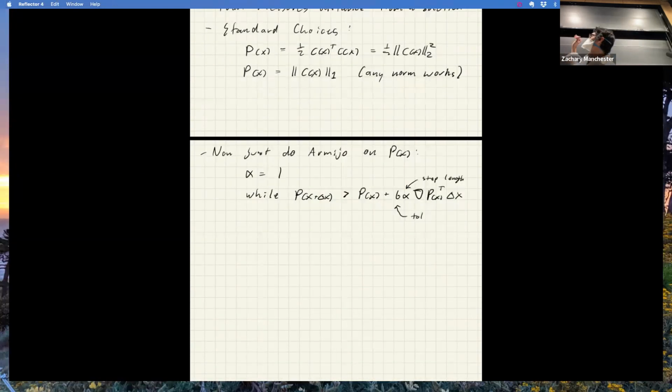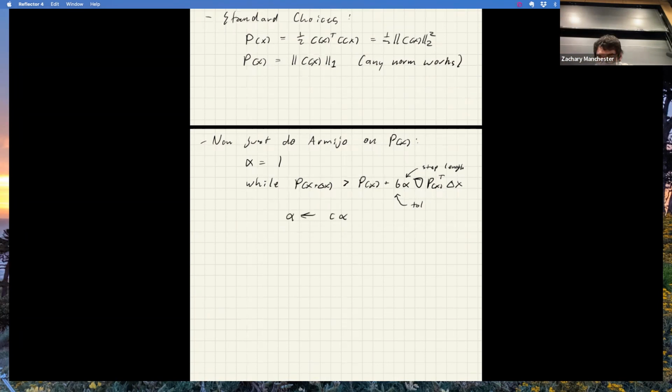Okay, cool. So, like last time, Armijo, this whole term over here, this guy is just the first order Taylor expansion of the merit function, and it's saying we expect this must decrease according to the first order Taylor expansion, and then I want it to actually do that, up to some tolerance. So if it's not within some tolerance of the first order Taylor expansion, then I'm going to backtrack. So I'm going to do alpha gets C times alpha until that condition holds, and then I'm going to do my update.